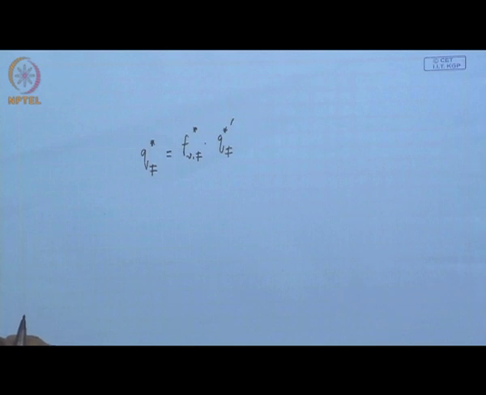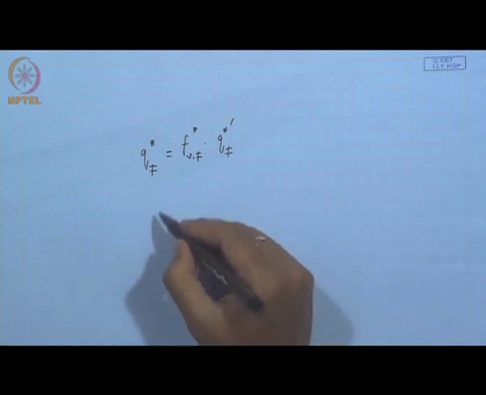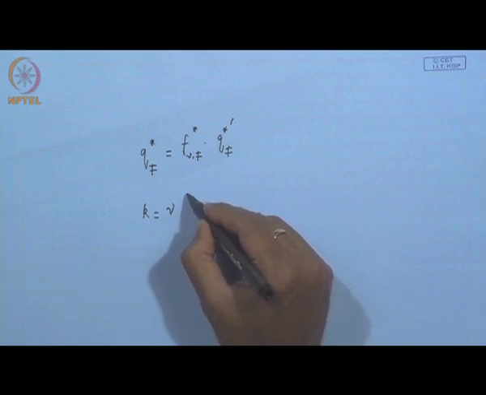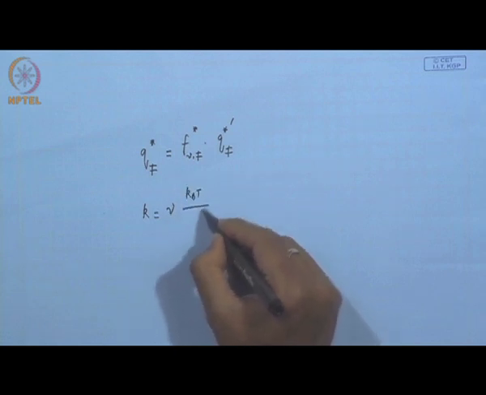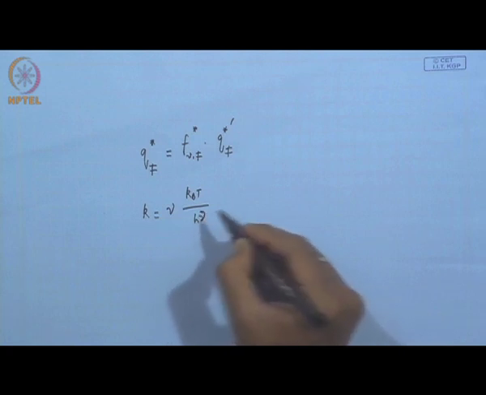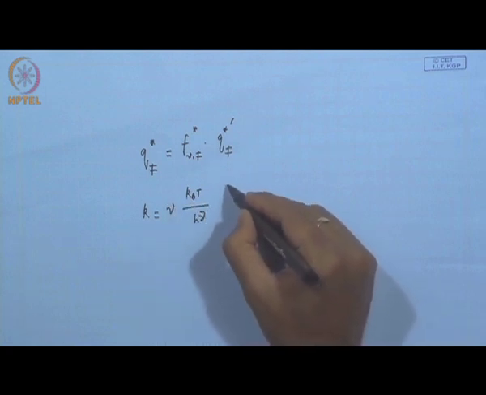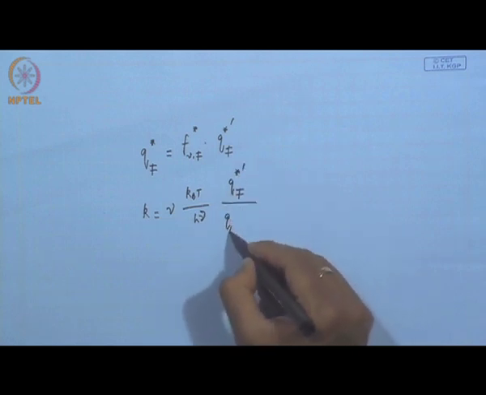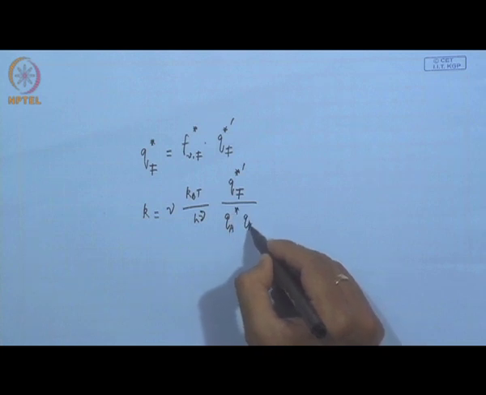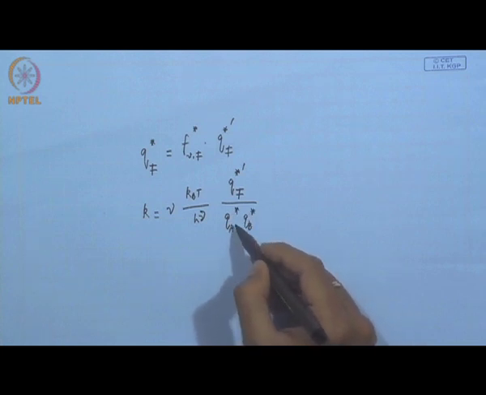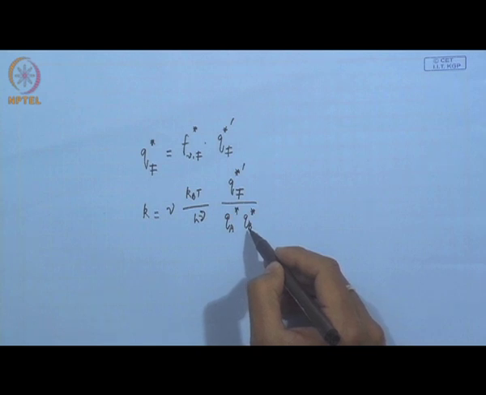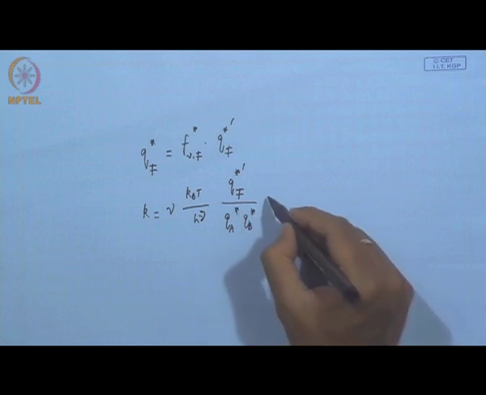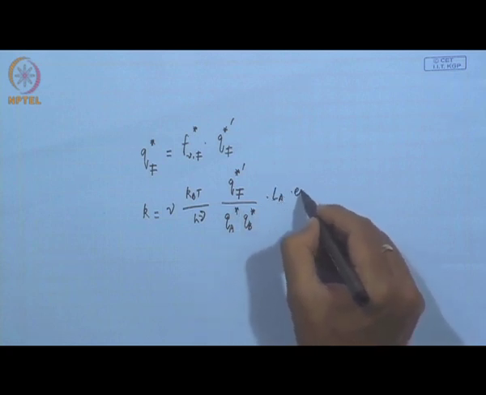Therefore, you can write k equal to nu into kb T by h nu, then q double dagger star primed divided by qa star qb star, because these do not have any loose vibrational mode, maybe these are atoms, so there is no question of a loose vibrational mode, into La times the exponential quantity.